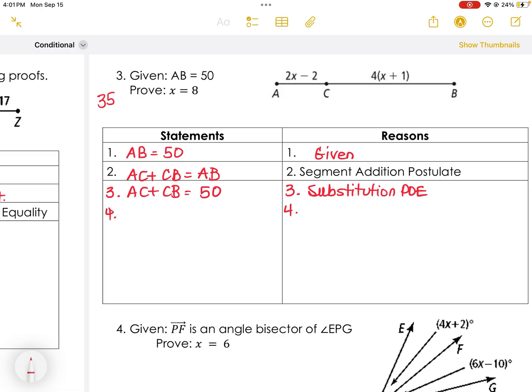All right, then I would substitute again and plug these in. For AC, I would say 2x minus 2. For CB, I would say 4 times x plus 1, and I know that all that will add up to 50. I see those parentheses, so I'm going to need to distribute first, and then combine like terms.